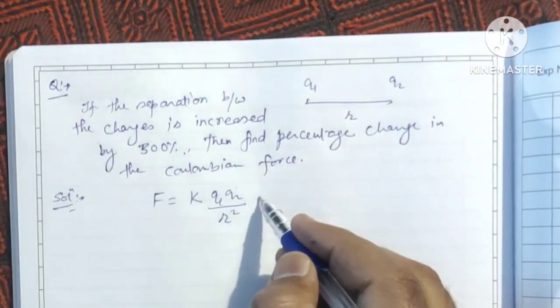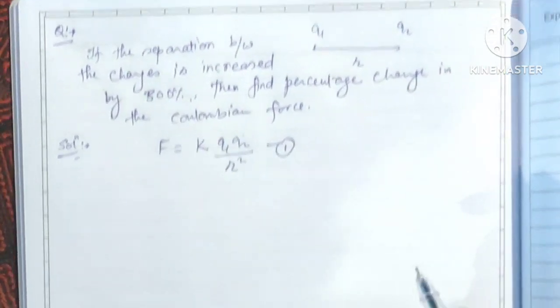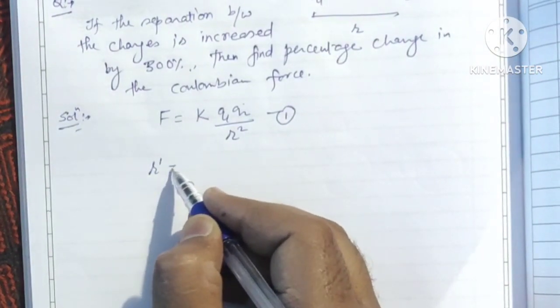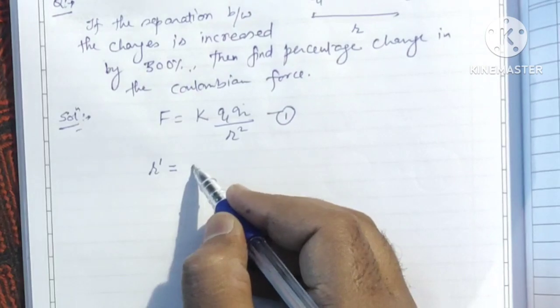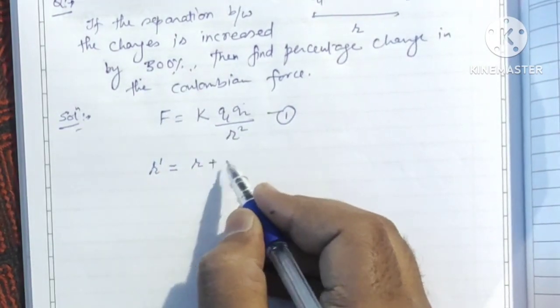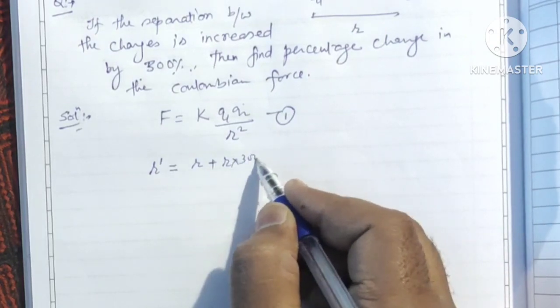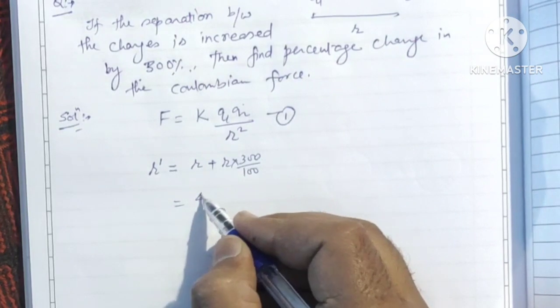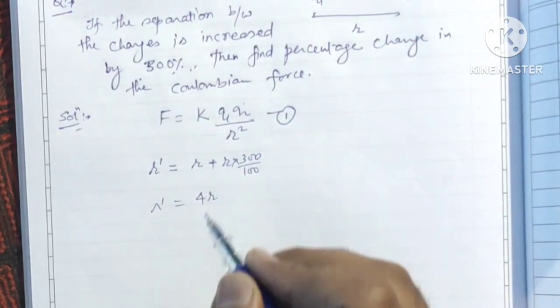So the initial force will be given by this formula, and further let's write the final distance R dash. As per the question, the final distance is increased by 300%, so I can write R plus R into 300 by 100, and this can be further written as 4R. So this is R dash, right?